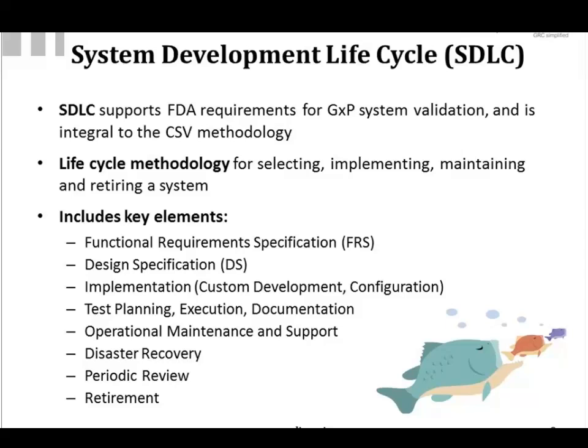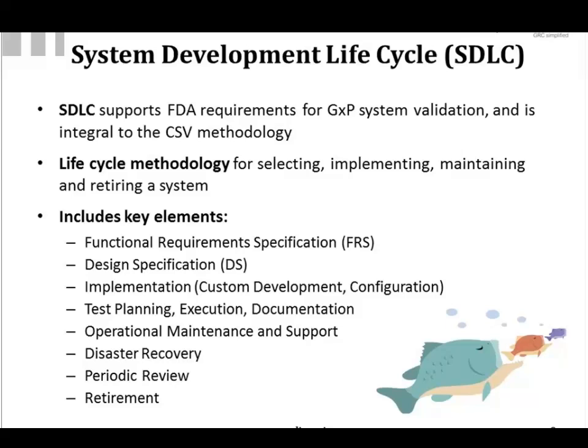Once it's tested and fully validated, you'll go into operational maintenance and support. And so you now have the obligation to maintain it in a validated state. Part of maintaining it is your disaster recovery program, what happens if the system fails and is not able to support operations.